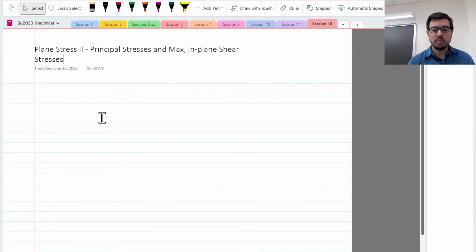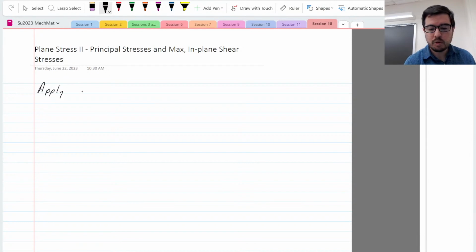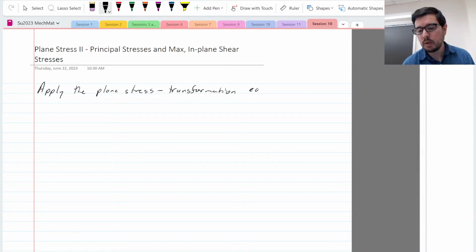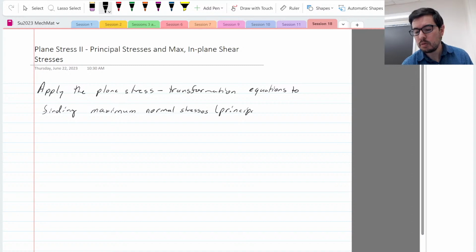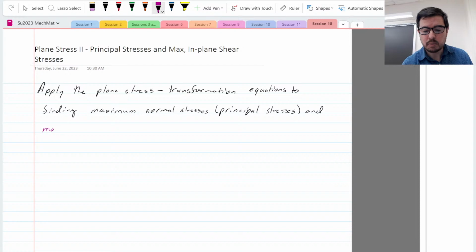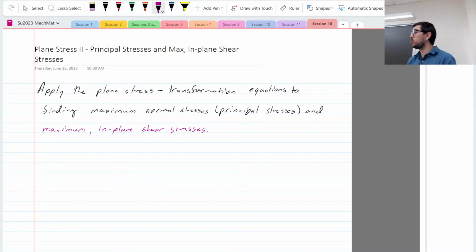So let's put it this way: we're going to apply the plane stress transformation equations to finding maximum normal stresses, which we call principal stresses, and maximum in-plane shear stresses, which we call maximum in-plane shear stresses.